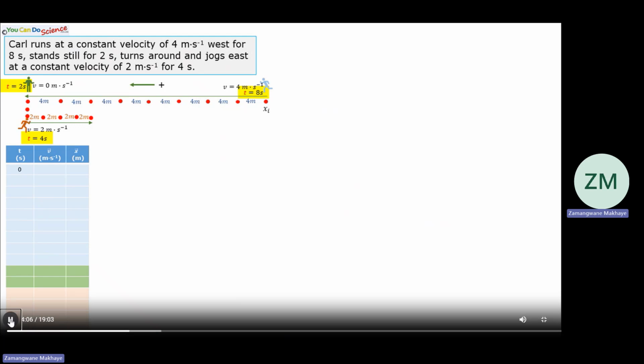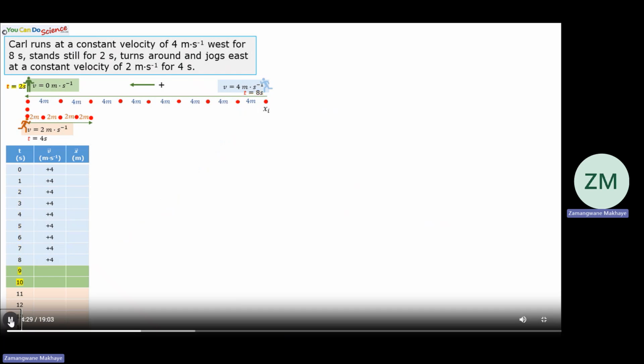Start at 0 seconds, up to 14 seconds. The velocity for each part is given. From the start up to 8 seconds, the velocity is plus 4 meters per second each second, because Carl runs west, which was defined as positive.